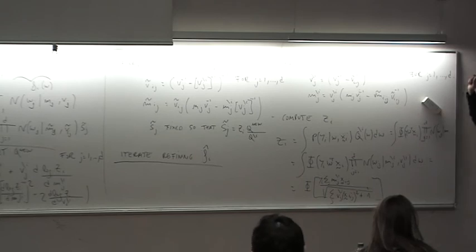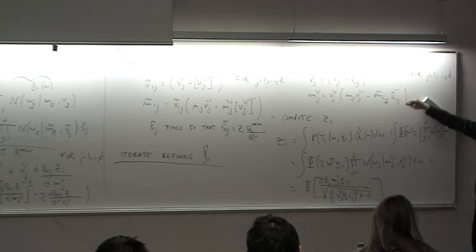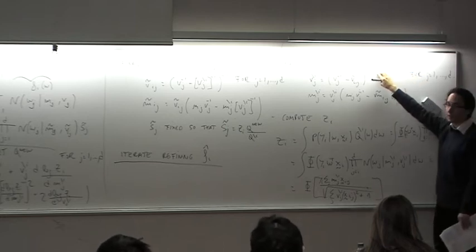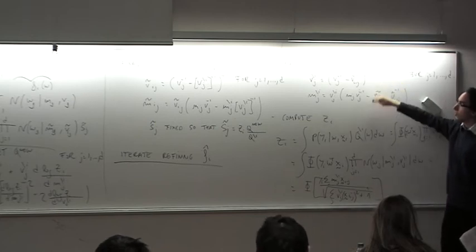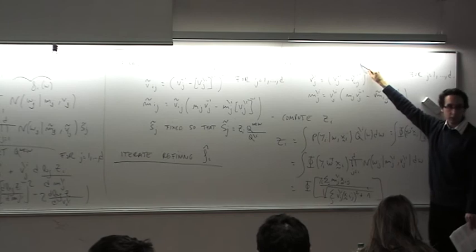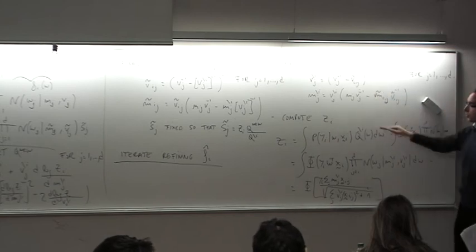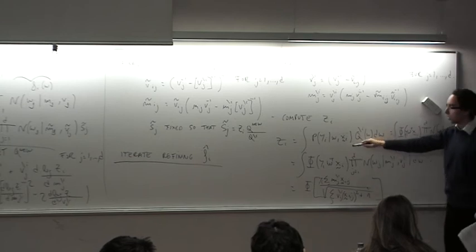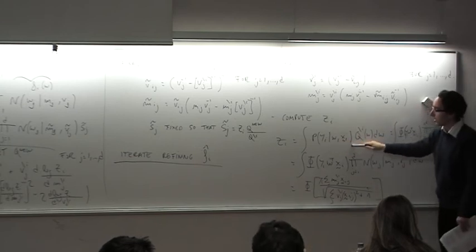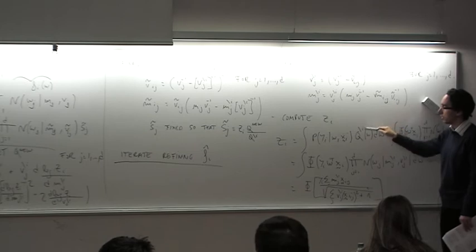So the steps are to refine the ith approximate factor. I compute the cavity by extracting that factor from the posterior, computing this ratio. It gives me these parameters for the cavity distribution. Then I compute the normalization constant of the tilted distribution, which is the product of the exact factor and the cavity.